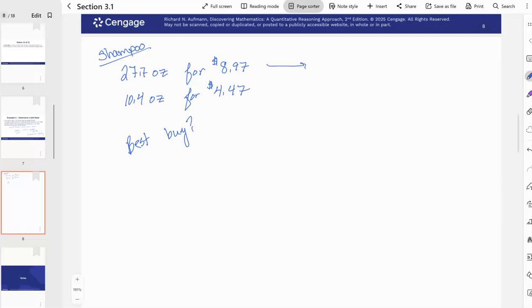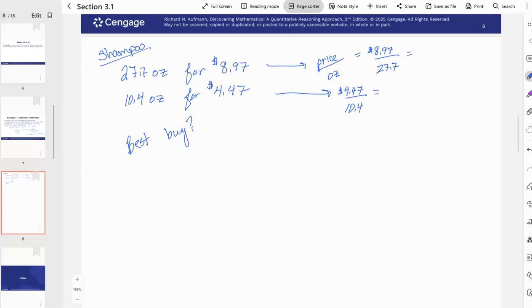So we're going to find the unit rates for each. So to find unit rates, it's going to be price per ounce. So we're going to take that 8.97 and we're going to divide it by 27.7 ounces here. And then we're going to take the 4.47 and divide it by 10.4 here.